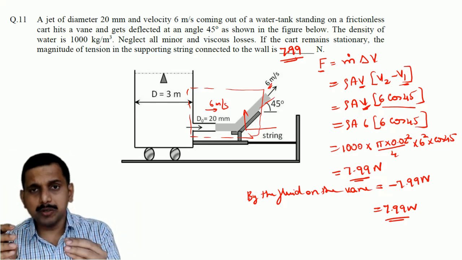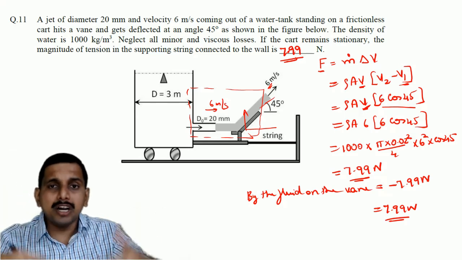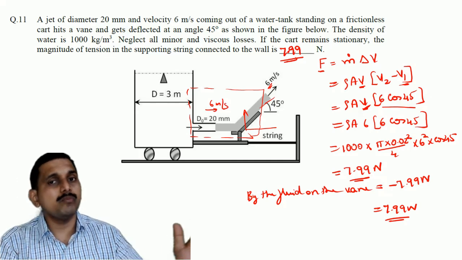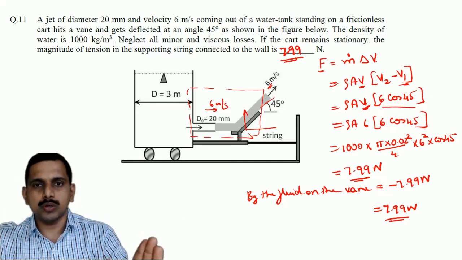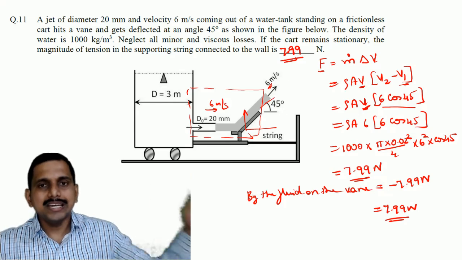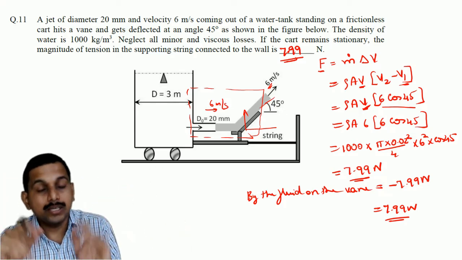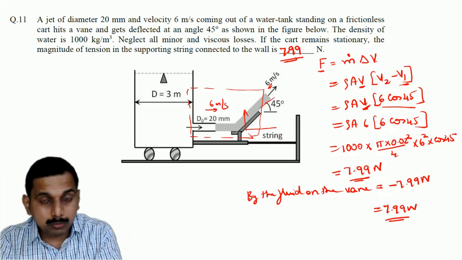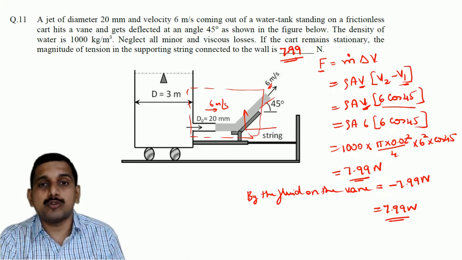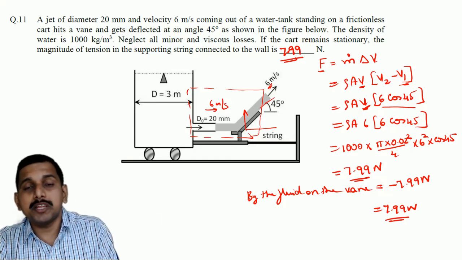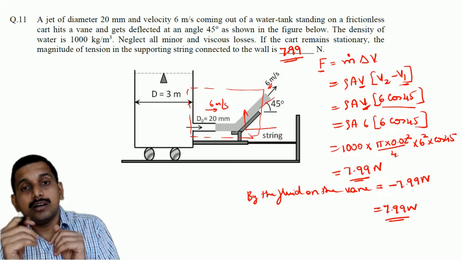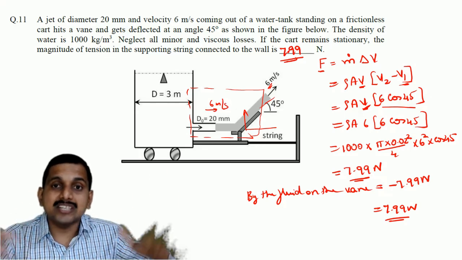So the concept is, you see what is hitting it, with what velocity it is hitting, what is the momentum coming in, and what is the momentum going out. That is the force. This is the simple concept you have to understand. But in addition to momentum, we have to see whether there are pressure forces. Pressure forces will be there if there is a pipe with a constriction.